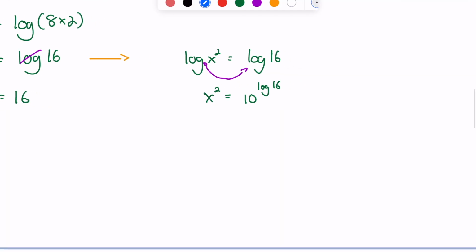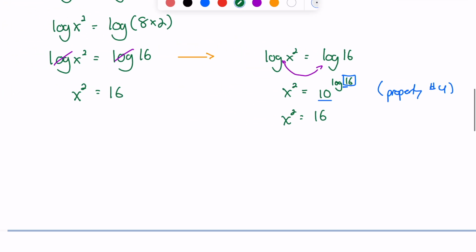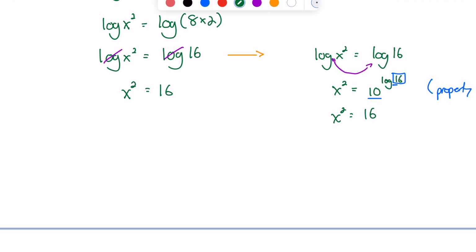And then when we learned all our basic properties, this was property number 4, which says when you have the same base here and here, so that technically is a 10 up there, it is just equal to whatever is on the inside here. So x squared equaling 16. So two ways to go to the next step, getting down to x squared equaling 16, you could have approached it either way.